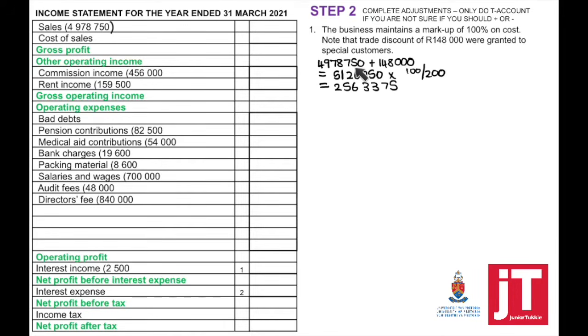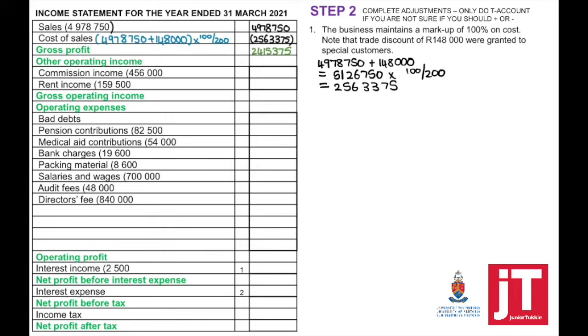And once we've added that, then we can use the markup to calculate our cost of sales. Completing this now in my income statement, I can start by saying sales, there were no adjustment. This means sales equals the same amount as in the pre-adjustment trial balance. We have calculated the cost of sales, so now we can calculate sales minus cost of sales equals the gross profit.